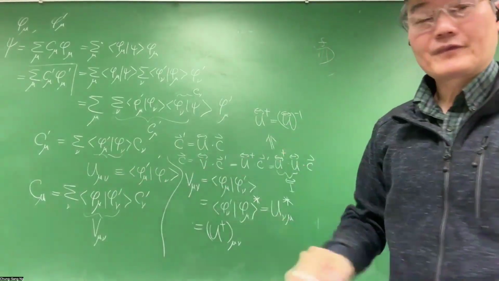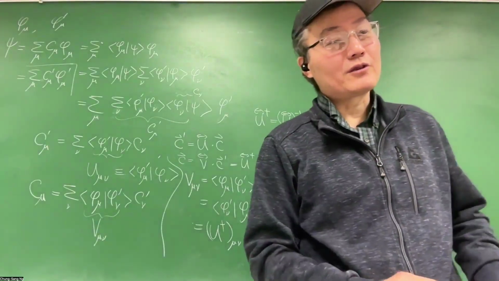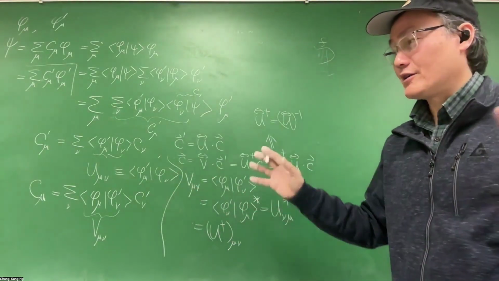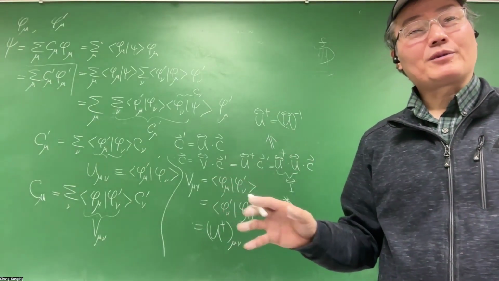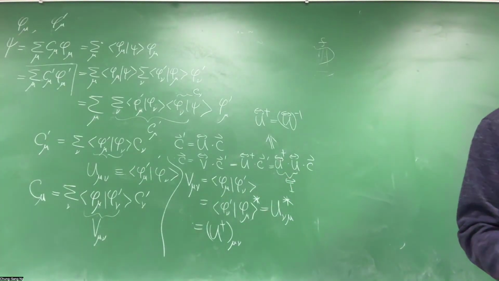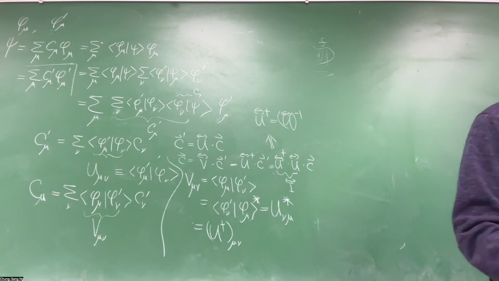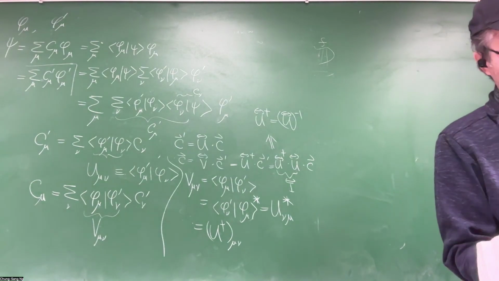That is slightly different from the matrix element of other operators, where we put the operator in a sandwich between the bases of the same set of bases. So that's how you transform the vector.